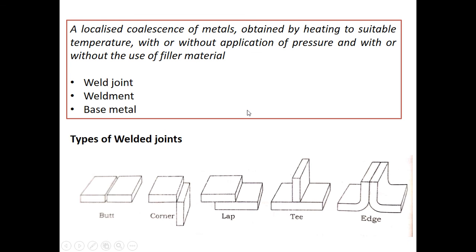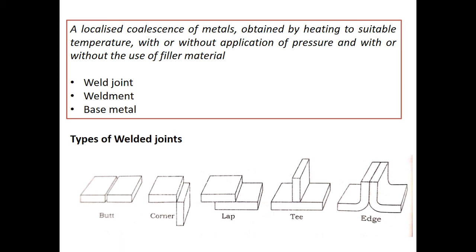Now let's give a definition to welding. It would be nice if you can give a scientific definition to describe the welding process. So I can tell it's a localized coalescence of metals obtained by heating to a suitable temperature. What was the temperature? I already explained, the melting point.